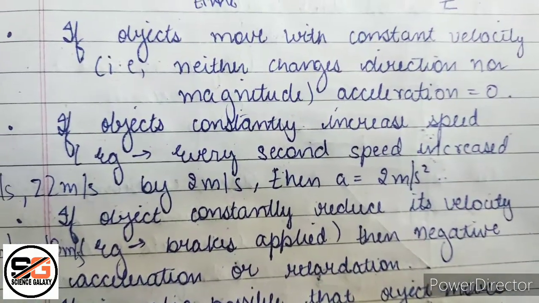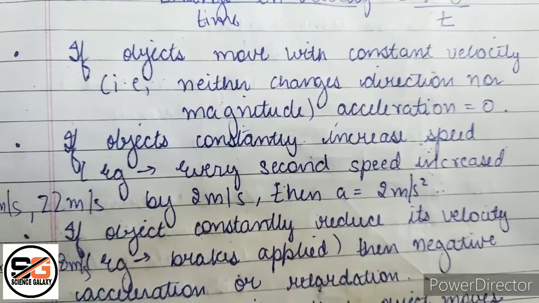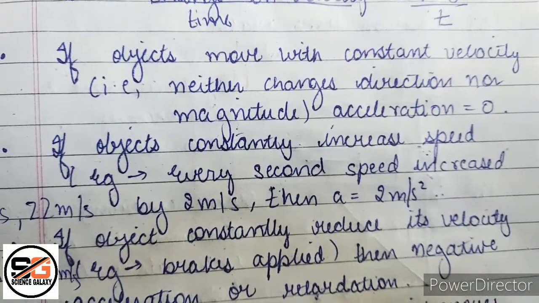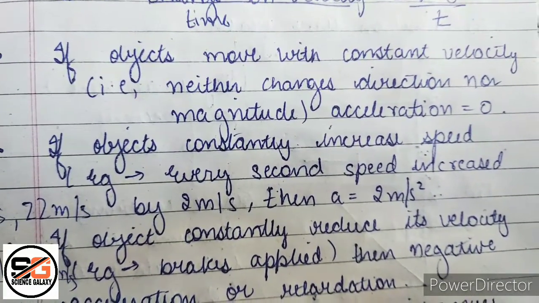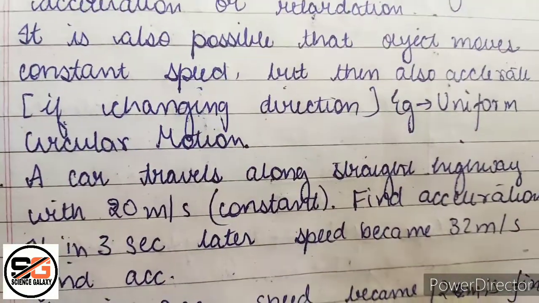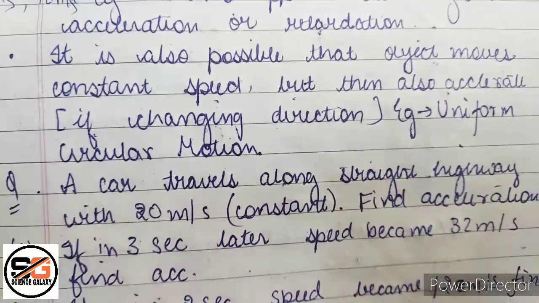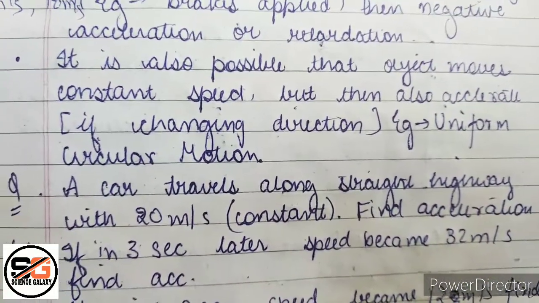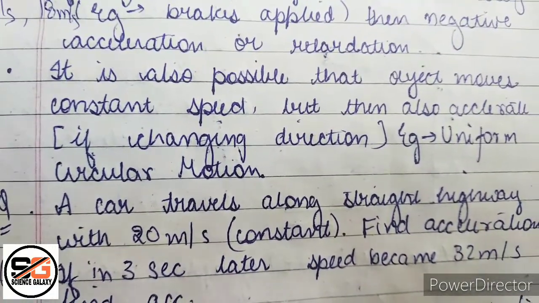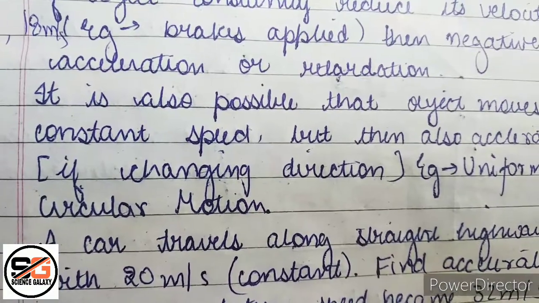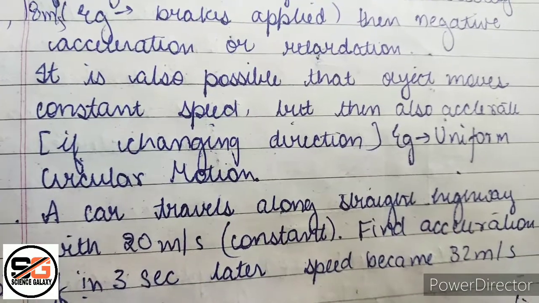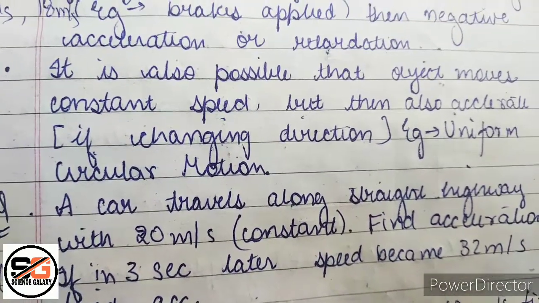We said if the object moved at 5 meters per second in a straight path, if it did not change its direction, then the acceleration is 0. So it is possible that an object moves with constant speed, that is 5 meters per second, but it constantly changes its direction. If it changes its direction, its velocity also changes, because velocity depends on magnitude as well as direction. So its velocity will change, and then the acceleration would not be 0.